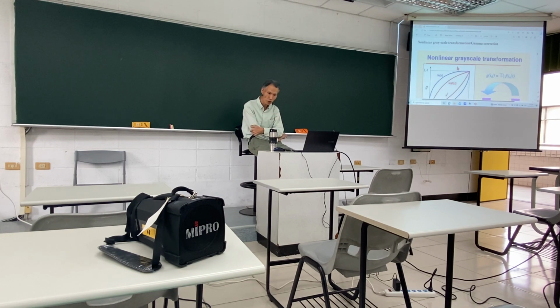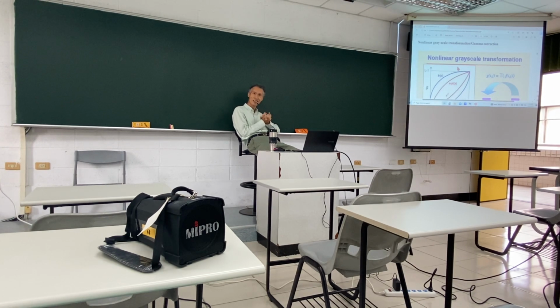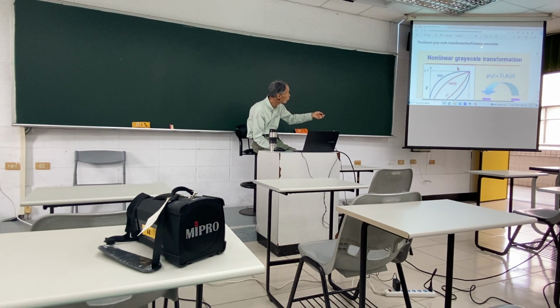Because when you watch a video or an image on your smartphone in a dark room or in a bright room, usually your smartphone will automatically adjust the brightness or contrast, basically by the so-called gamma correction.